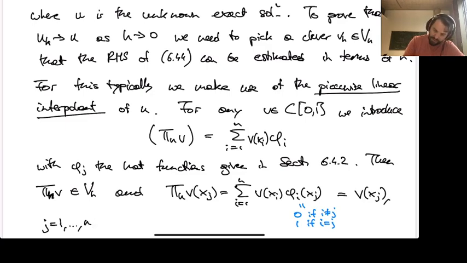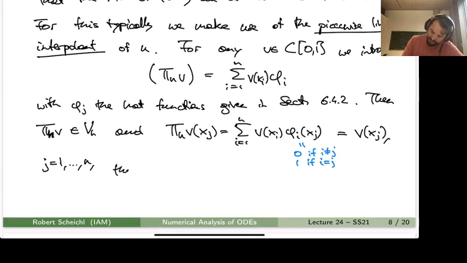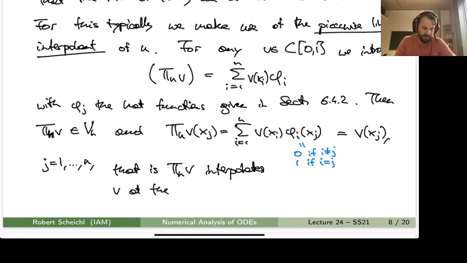So in other words, pi h v interpolates v at the grid points xj, j equals 1 to n.